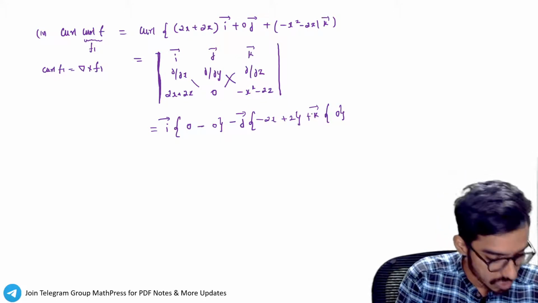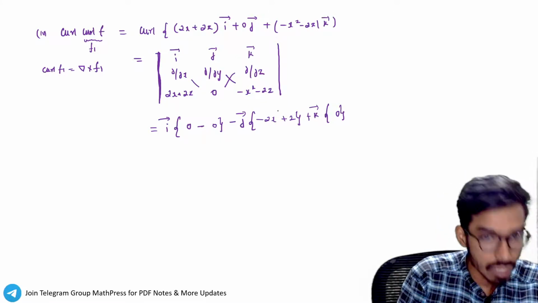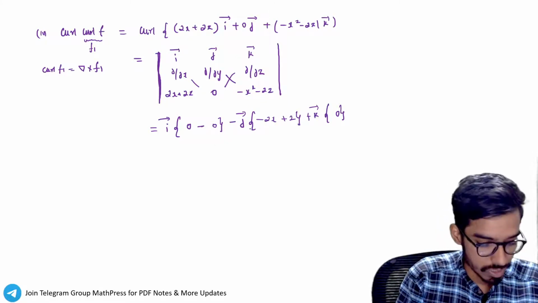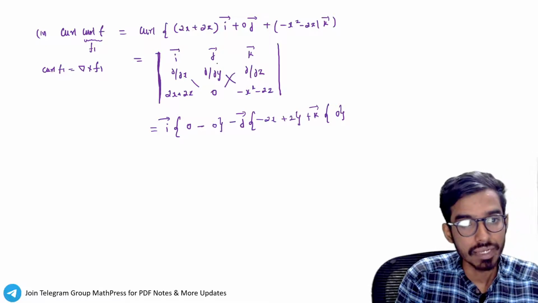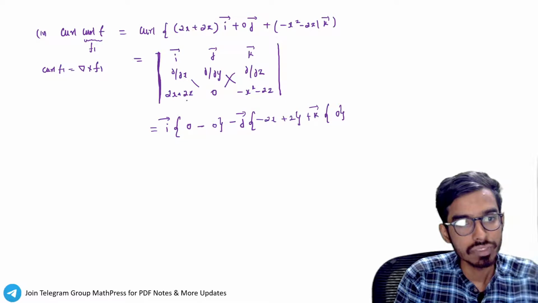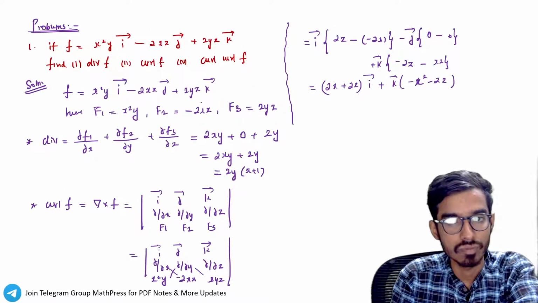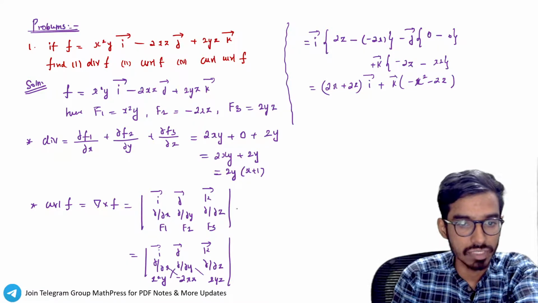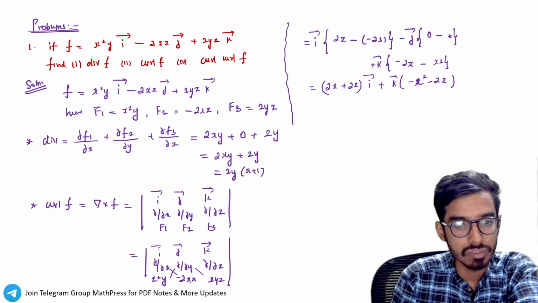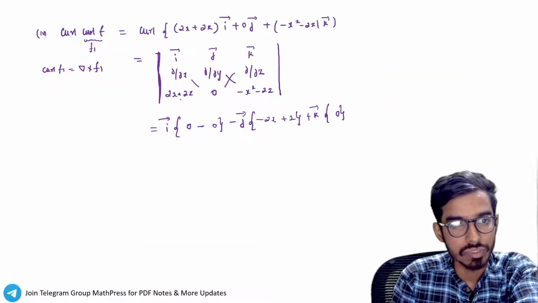So we will have only j component here. So if I take minus j, ∂/∂x of this will be minus 2x, ∂/∂z is 2x plus 2x.